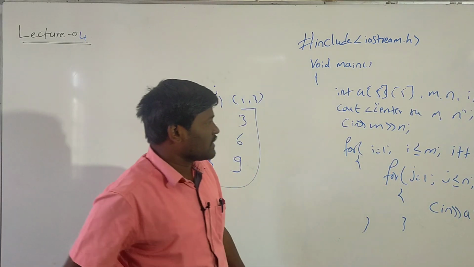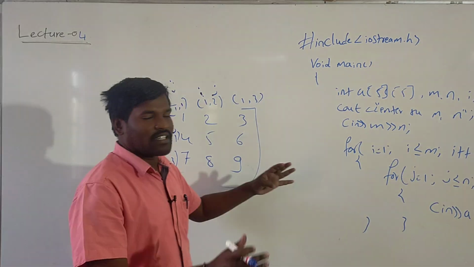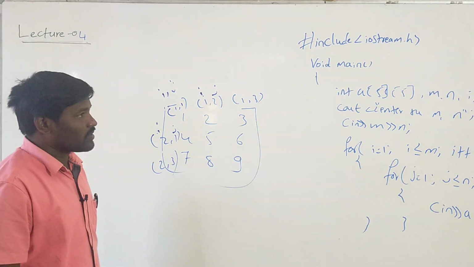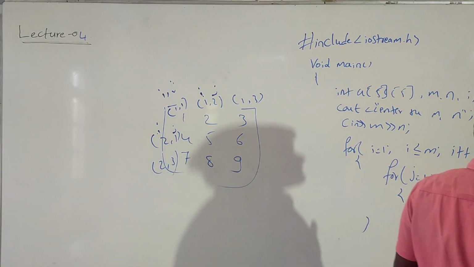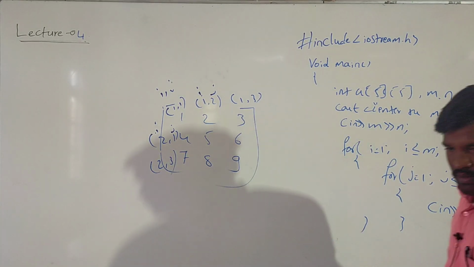So this is the reading of array elements. Up to this much indicates we have successfully entered the array elements. Okay, so next I can write here.